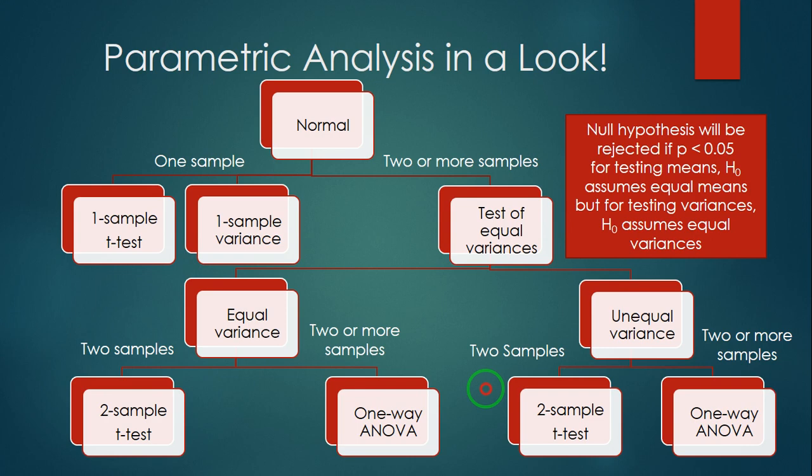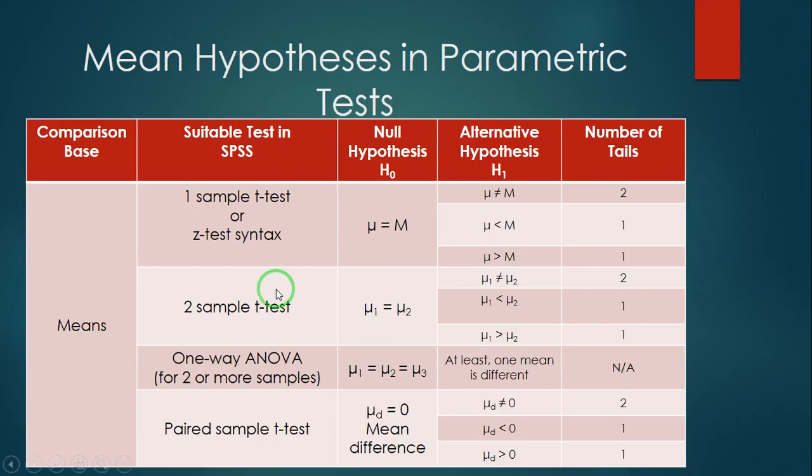If the comparison base is mean and you have just one sample set, in SPSS you can easily run a one sample t-test for running t-test, and z-test syntax for running z-test, because we don't have any z-test menu or option in SPSS.